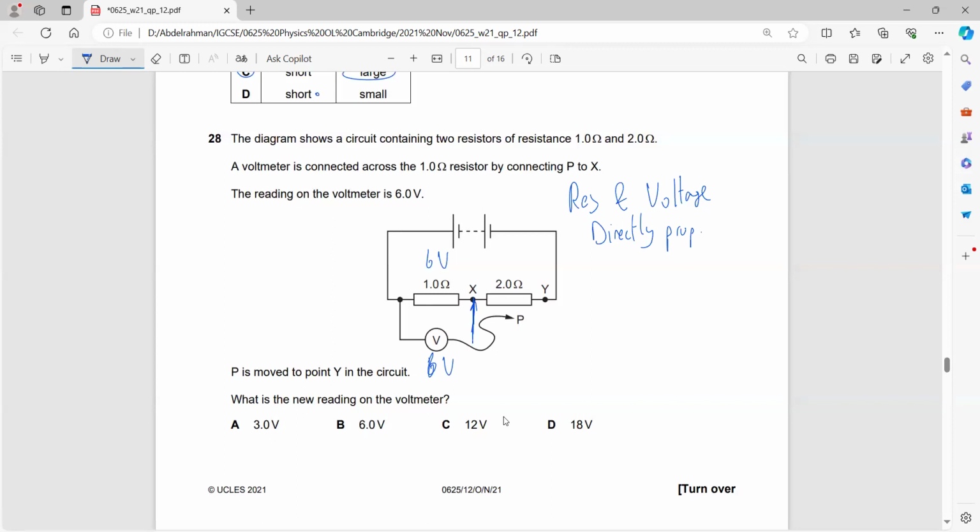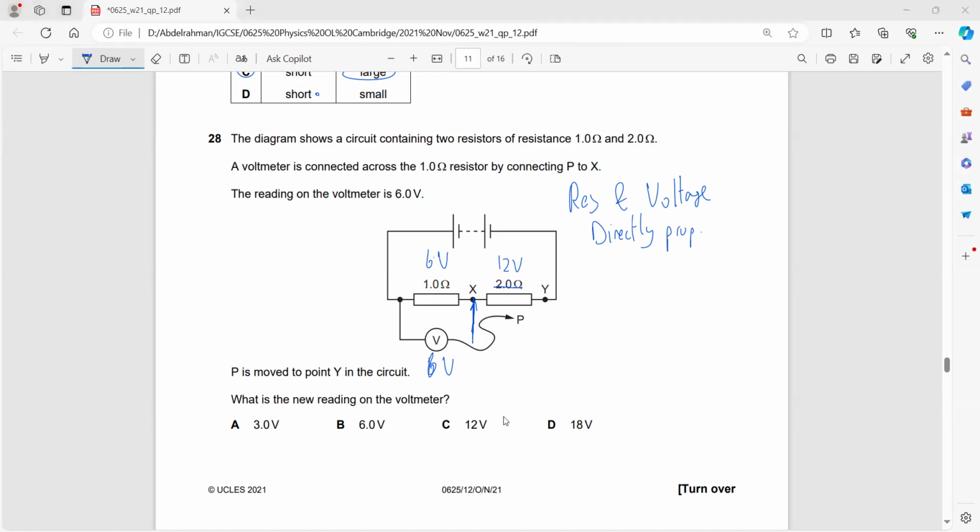If the resistance was 1 ohm and the voltage was 6 volts, and the resistance is now 2 ohms, the voltage of the second resistor alone is 12 volts. Why? Because you multiplied the resistance by 2, so the potential difference will be multiplied by 2.